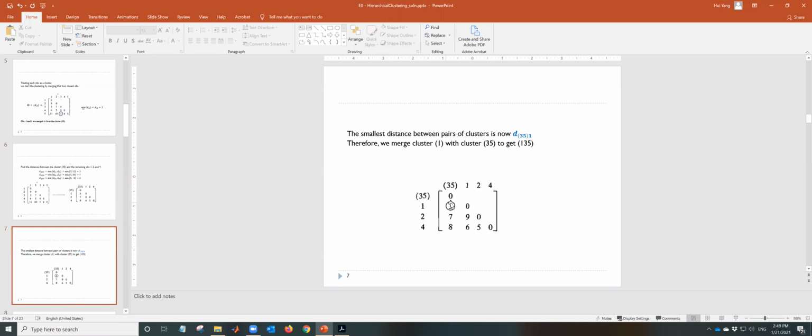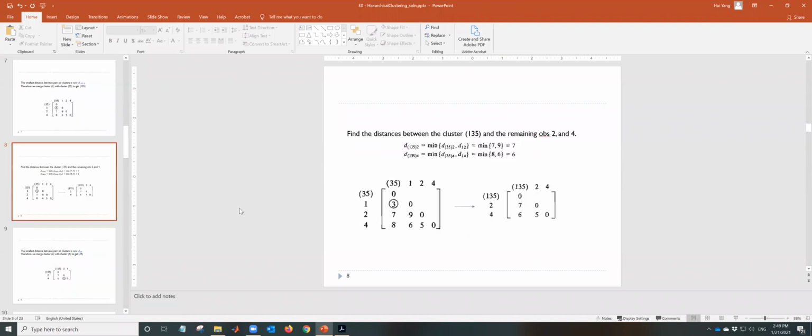Now from this proximity matrix, the smallest distance between pairs of clusters is 3. This one is the minimum, so 3, 5 and 1 should be merged again. We merge cluster 1 with cluster 3, 5 to get a new cluster 1, 3, 5.